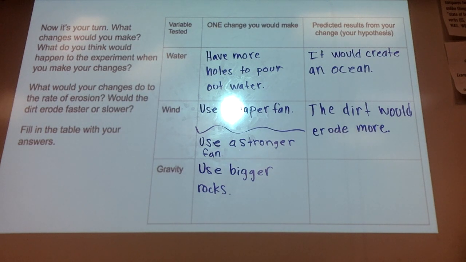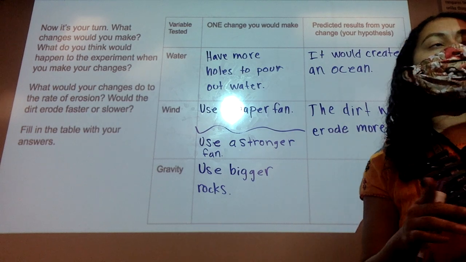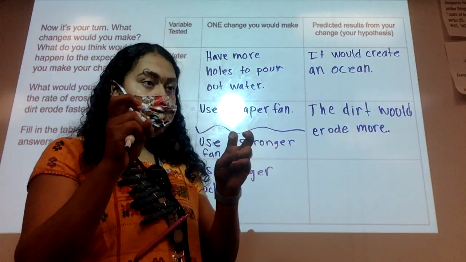How does it create more rocks? Because every time the rocks would roll down, it would create more chunks. Oh, okay, I get what you're saying. So it would pile up the dirt at the bottom. Yes. Okay, because the flour wasn't rocks, the flour was dirt.